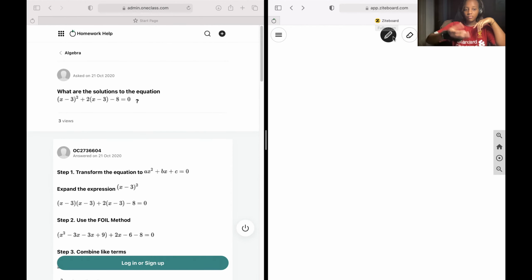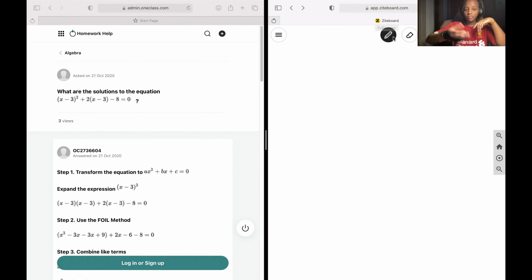And in order to find the zeros, we're going to use product sum, and it just states that the product should be AC, the sum should be B. So AC would be 1 times -8, and that's -8.